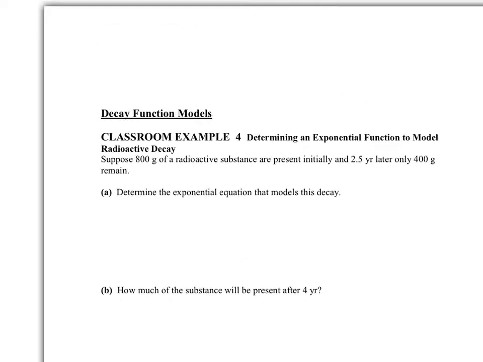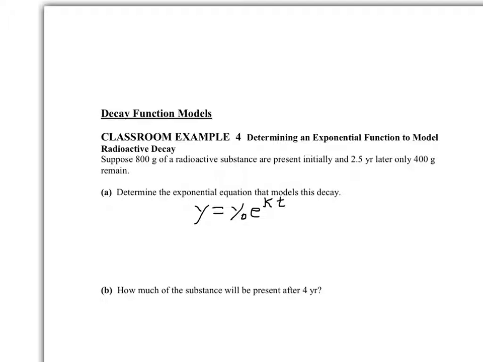Another example would be decay. Suppose 800 grams of a radioactive substance are present initially, and 2.5 years later only 400 grams remain. So we need to determine the exponential equation that would model this decay. So what we have is that equation y equals y sub naught e raised to the kt power.